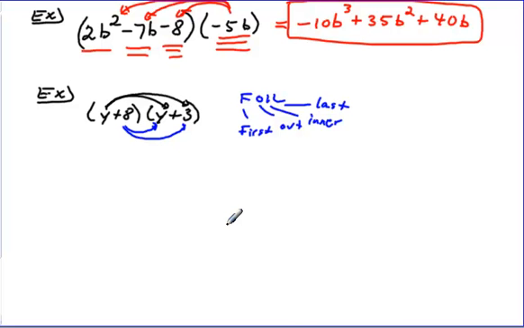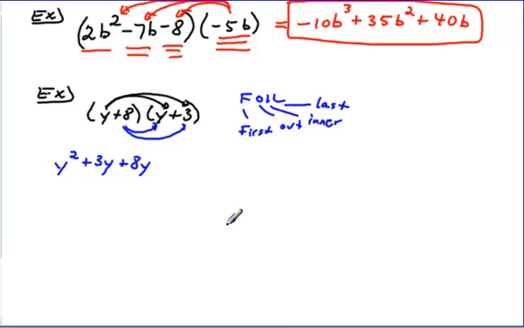See, watch. First, that's y times 3, right? Wait, sorry. I guess I'll go in the order of the FOIL. First is going to be y times y, the first of each. Y times y gives me y squared. Okay, outer. That's going to be a 3 times a y, right? Plus 3y. Inner, that's an 8 times a y. That gives me 8y.